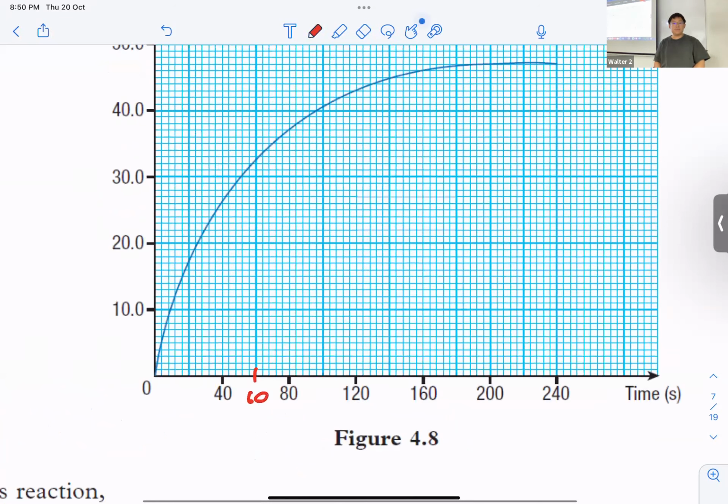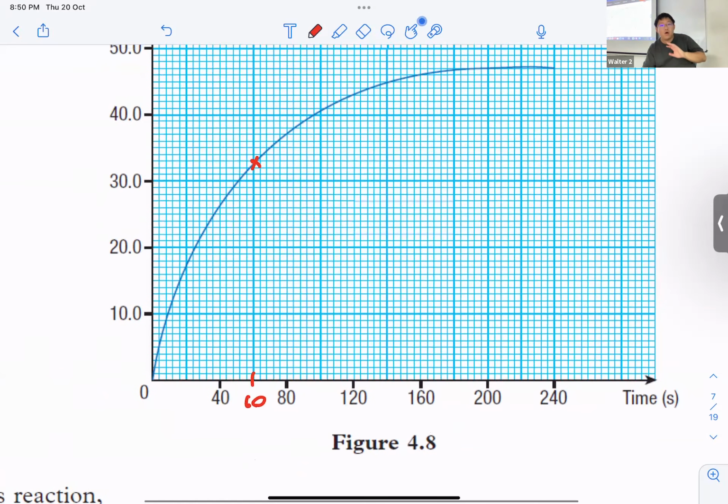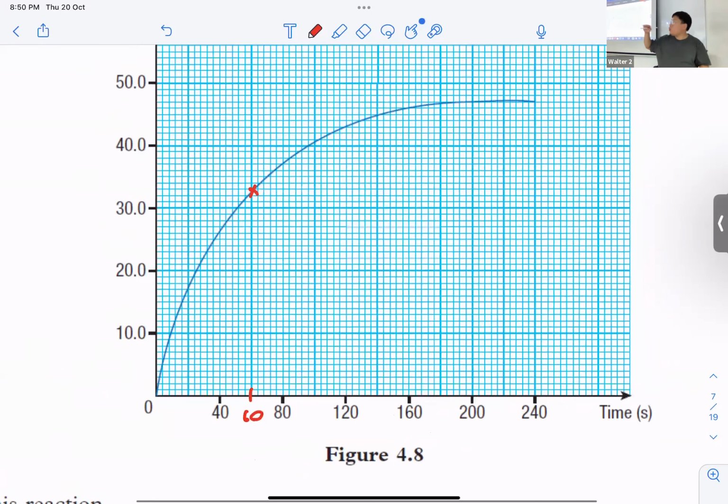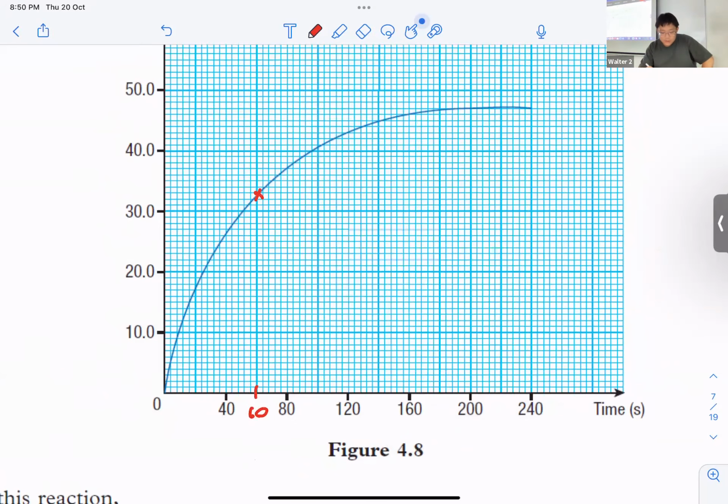What I'm going to do is draw a straight line across that point, but it must overlap with the curve. I'm going to adjust the line, don't worry.